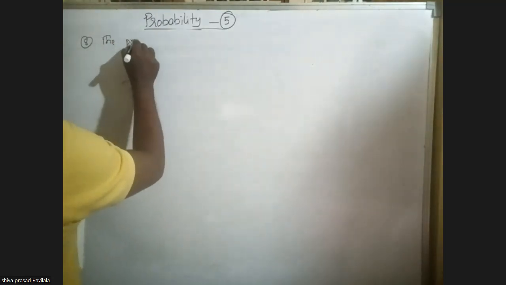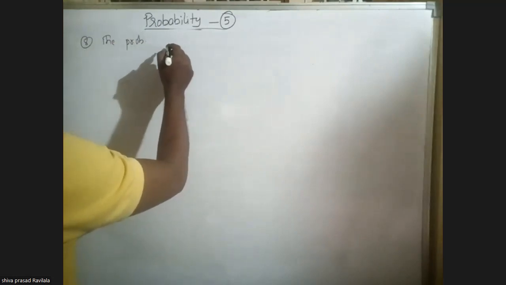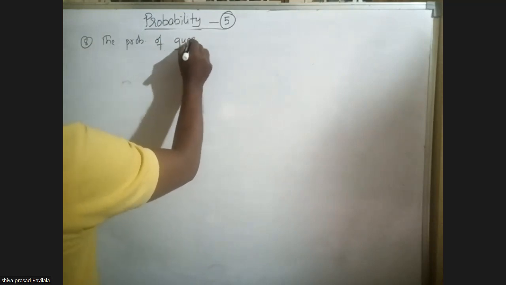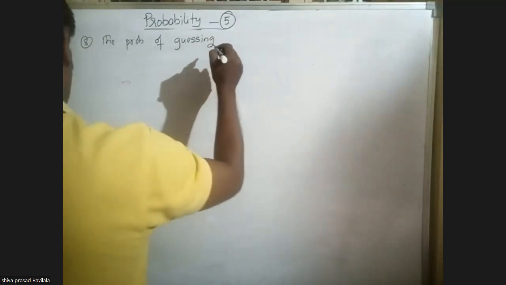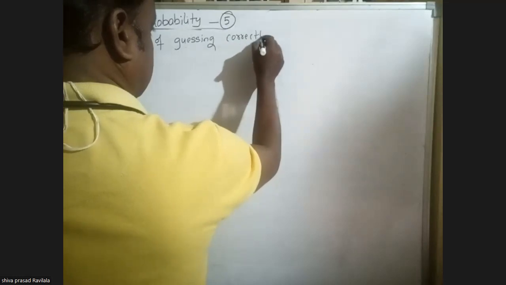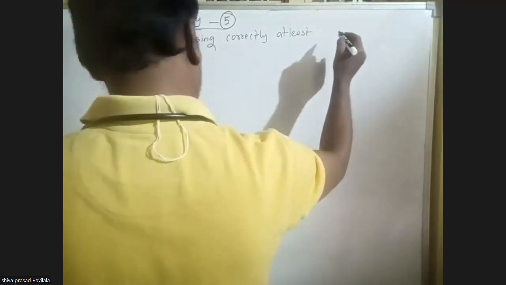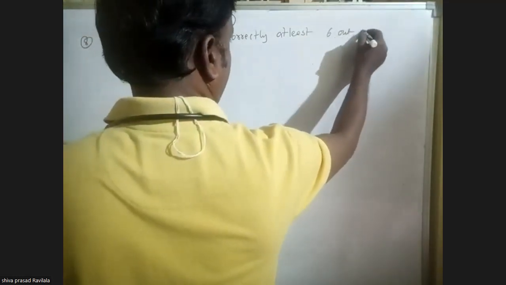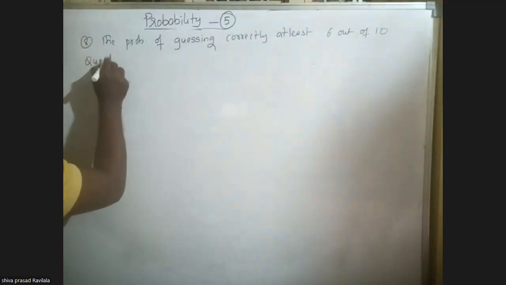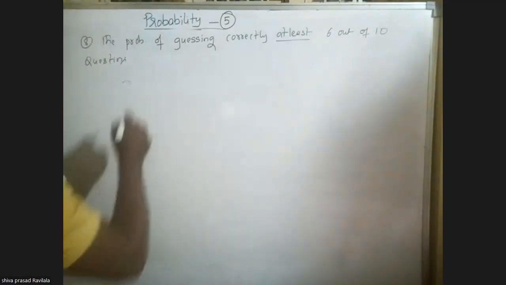The probability of guessing correctly at least 6 out of 10 questions only. Observe the words "at least" and "6 out of 10 questions".